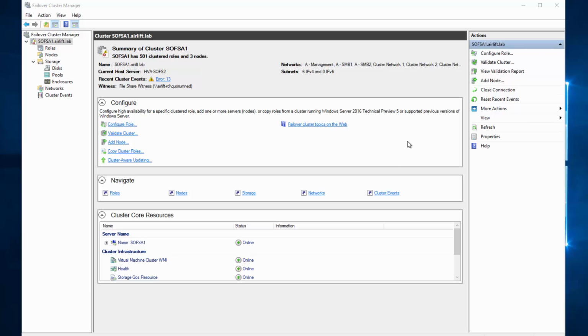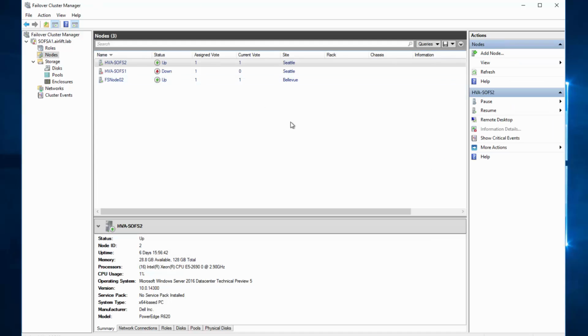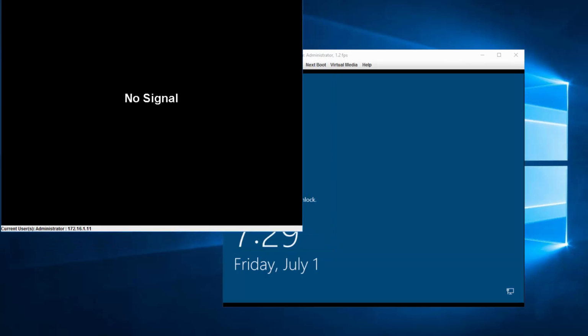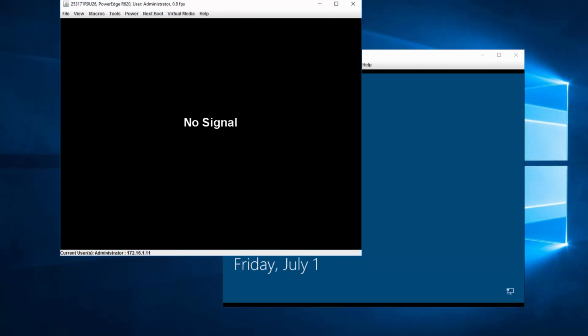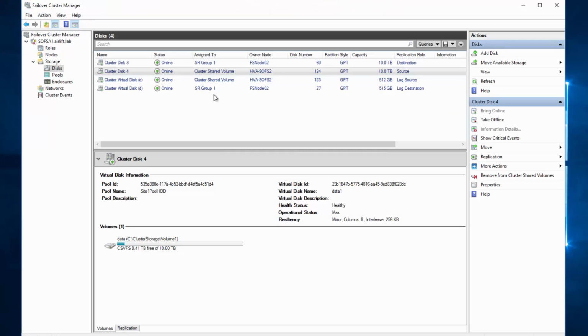Here I have a 3-node cluster, which I've built using Dell hardware. You can see the 3 nodes are in Seattle and in Bellevue. One of the nodes right now is in fact offline for hardware maintenance. You can see right here it's turned off. I've got some storage that I'll come to in a second.